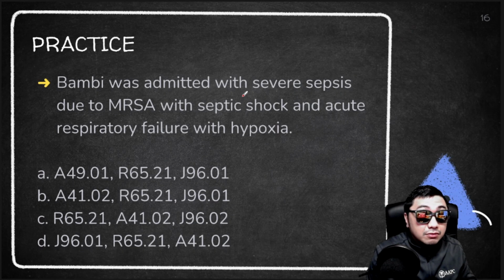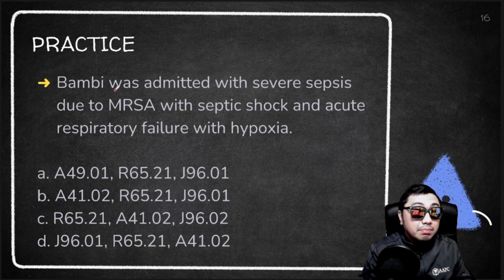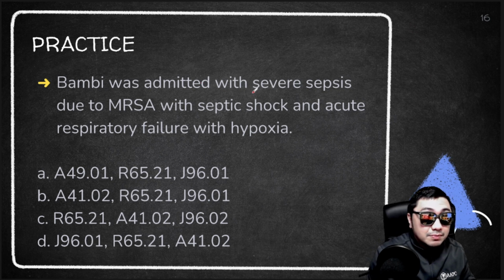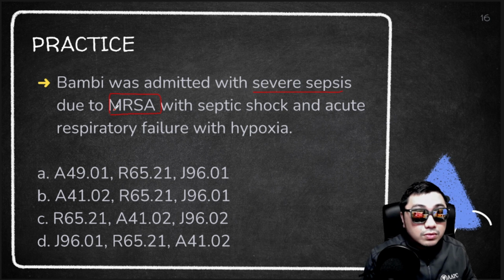Let's have this question. All right, this is more inclined to the exam question, but it can happen as well in your facility, in case you have the same scenario. Bambi was admitted with severe sepsis due to MRSA. So that's methicillin resistant Staphylococcus aureus.